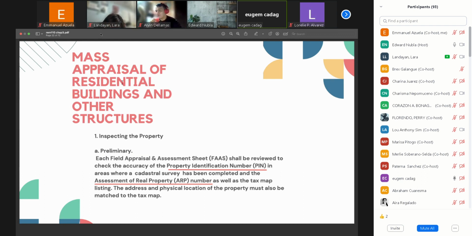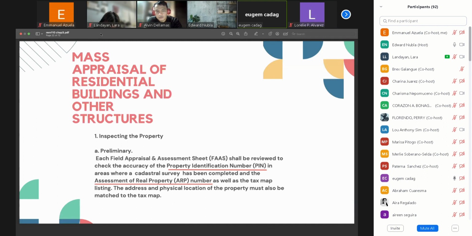Okay, so mass appraisal of residential buildings and other structures. The first item here is inspecting the property. But I'm just going to explain po itong mass appraisal ulit, for refresher po, since naumpisahan na din po yung discussion for mass appraisal sa previous topics.